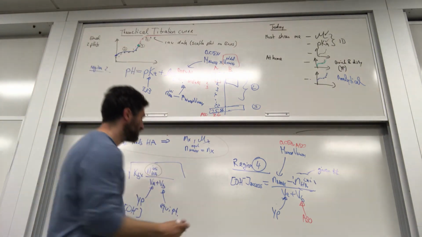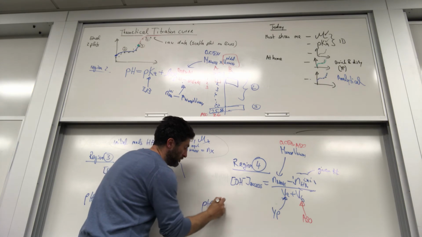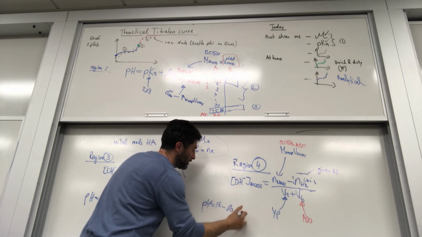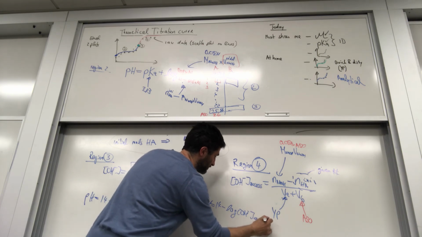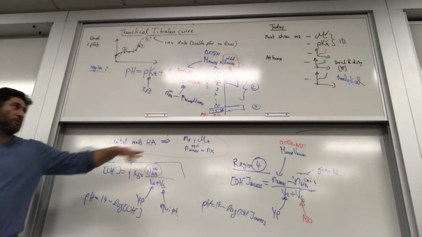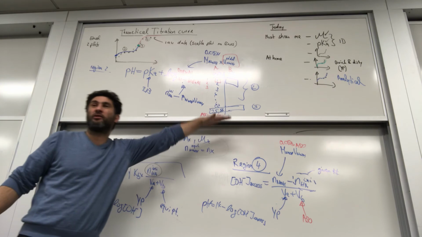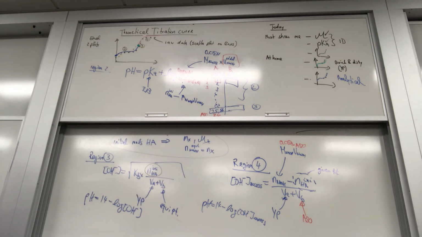Of course, you need pH is equal to 14 minus log OH minus excess, right? And then you copy paste this equation all the way down to 50 or 40 milliliters or whatever your last volume is that you recorded your data points for.